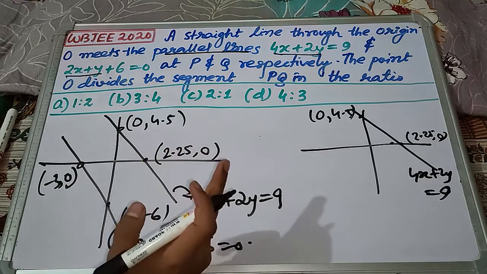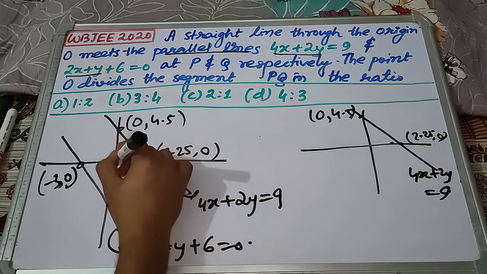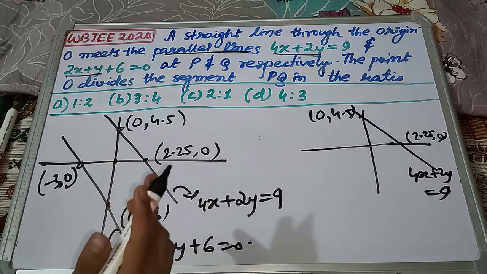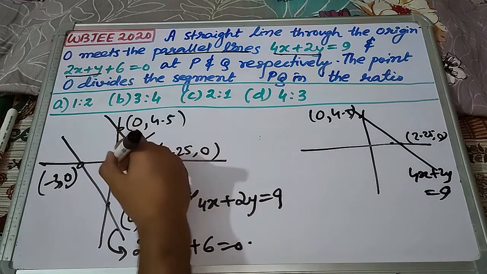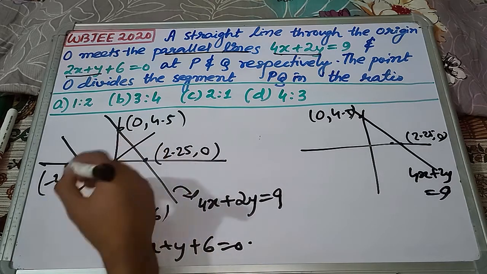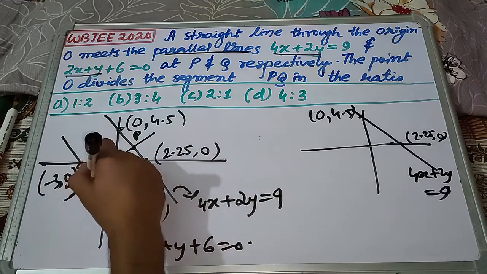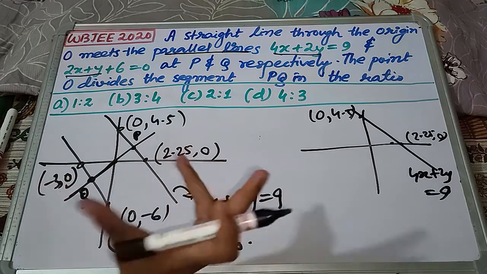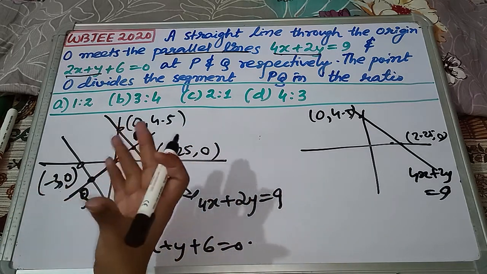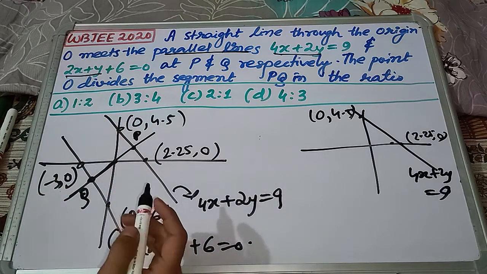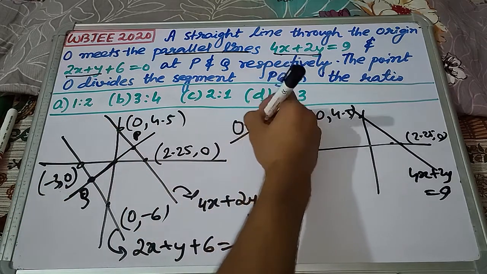It says a straight line passing through the origin, this one is the origin, meets the parallel lines, that one and this one, at P and Q respectively. So let us draw one straight line. This is P, this is Q. We need to find the ratio of the segment in which the line PQ is divided by O. That is, we need to find OP to OQ.